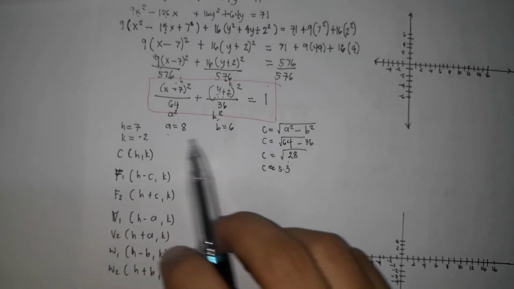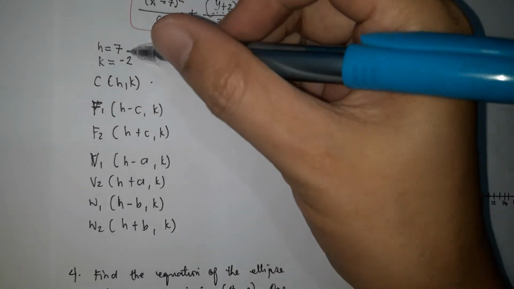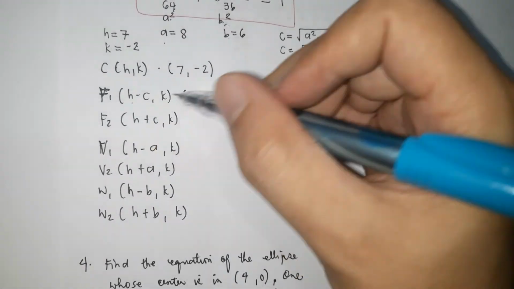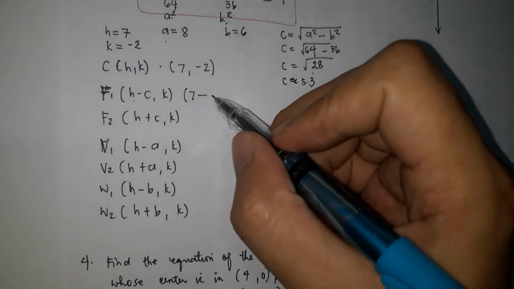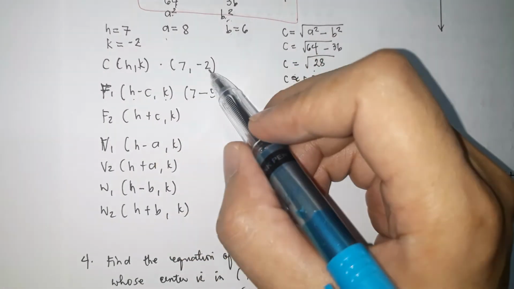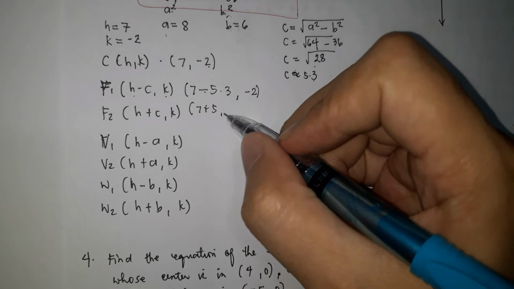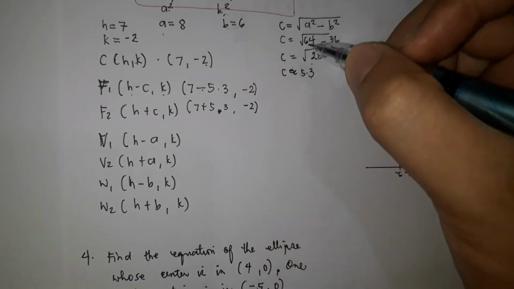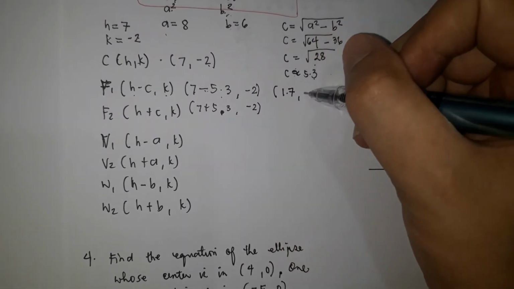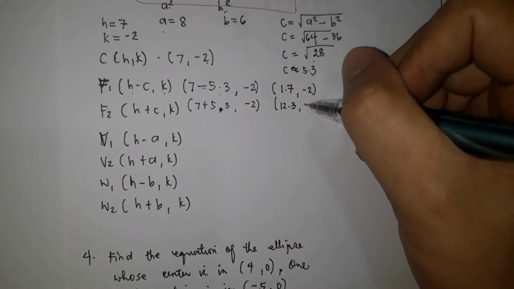So we know A, B, C, H, and K. So we can find the foci. What is HK? It's 7, negative 2. H, 7 minus C, 5.3. K is negative 2. For the other, just change the minus to plus. So, 7 minus 5.3 is 1.7, negative 2. 7 plus 5.3 is 12.3, negative 2.